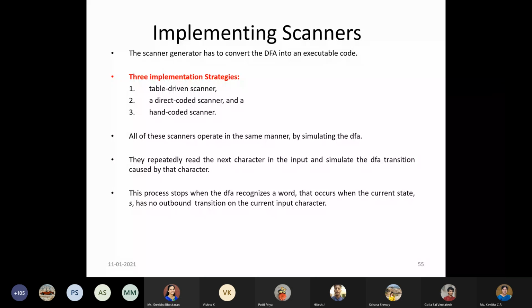Why we have to keep moving back is just to identify whether you had come across any final states in between. If you come across any final states, that means till that particular word, we can tag it with that particular token. Otherwise, we can completely say that that complete word is an error statement. For that, we will call it rollback.